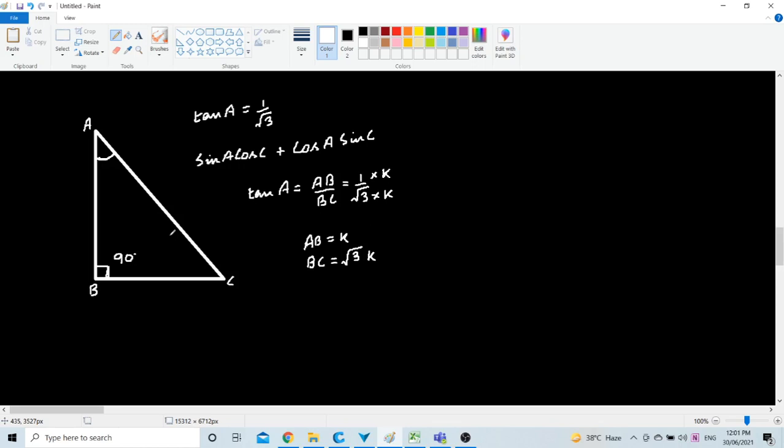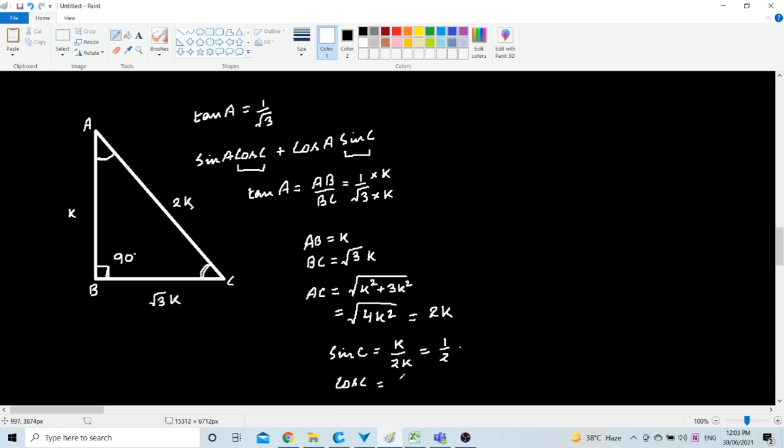And cos C is base upon hypotenuse, that is root 3k upon 2k, and that's equal to root 3 by 2.